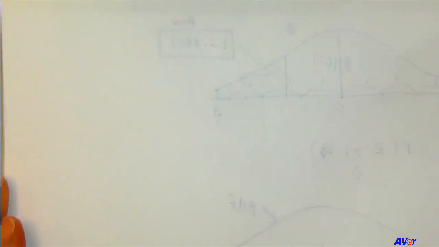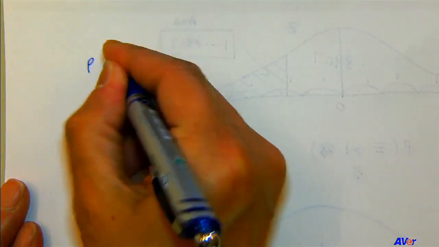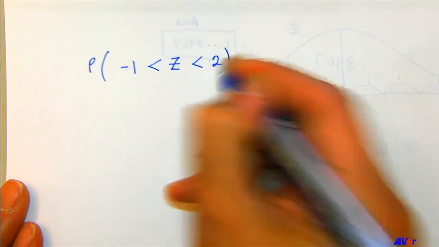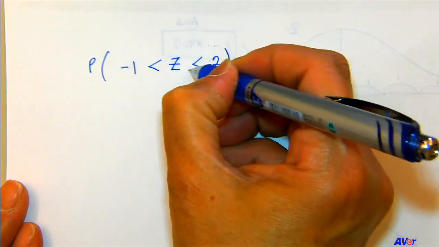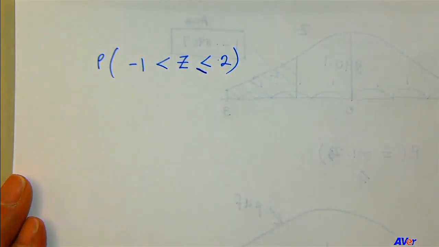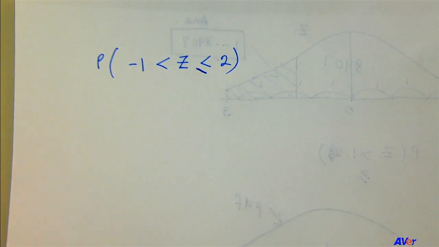So I'm interested in probability z between minus 1 and 2. And just to make it interesting, I'm going to add an equal sign here. But you already know that that's meaningless, right? Yes? Okay, go do it.